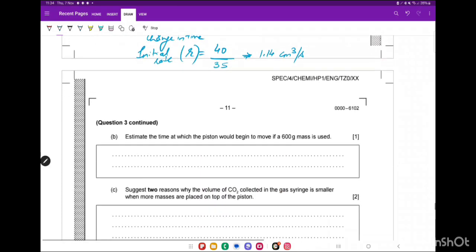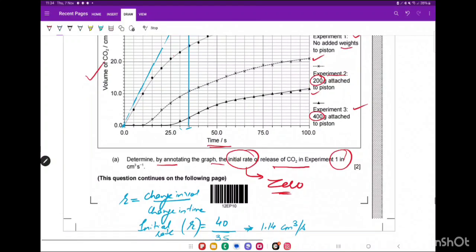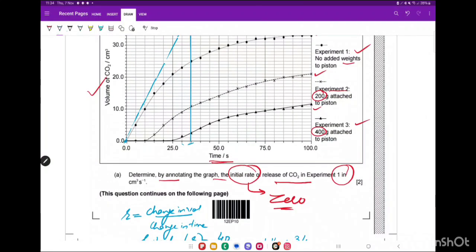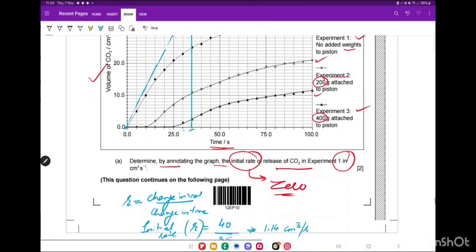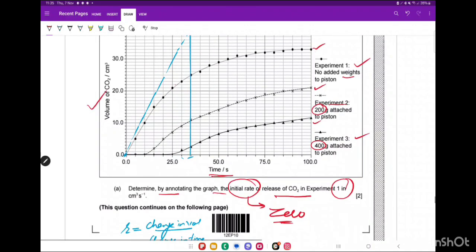Okay. Now estimate the time at which the piston would begin to move if 600 gram of mass is used. Instead of 400 gram, if I use 600 gram, then what will happen? When no mass is used, the volume was about 33.